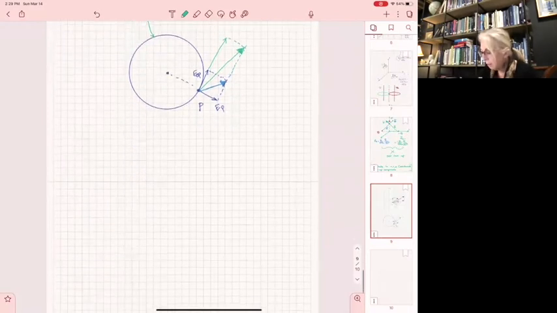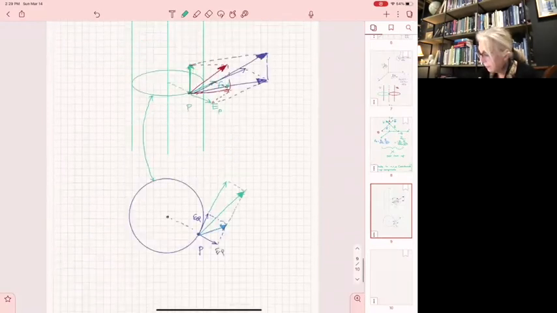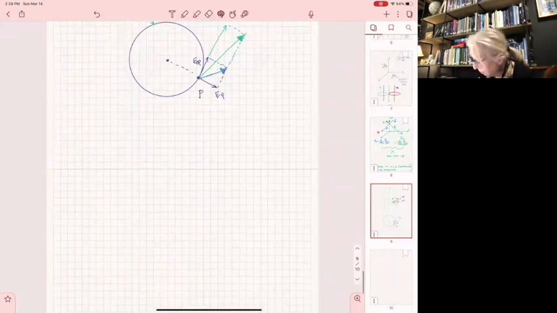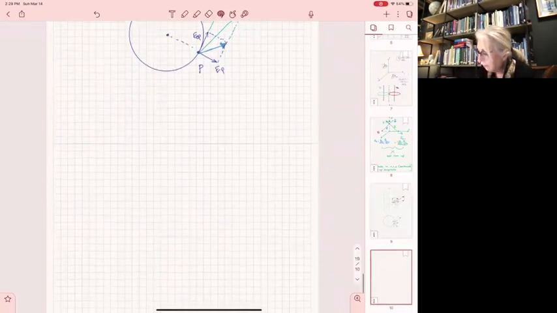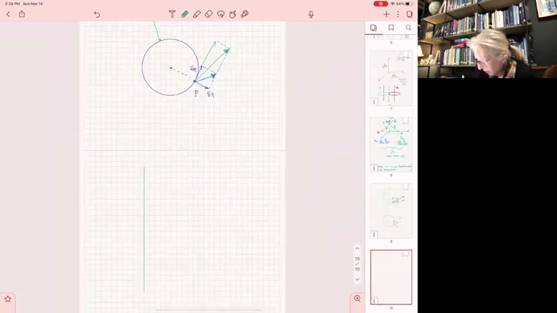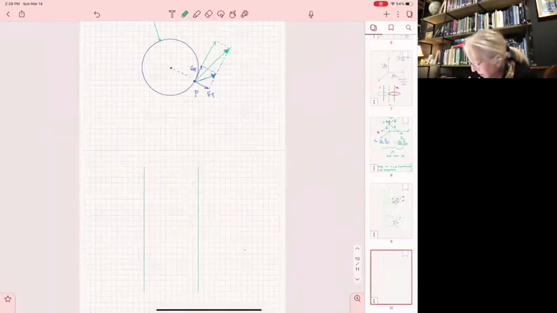So now I'm going back to its original shape, and I will erase and do it here. So I'm going back to the cylindrical now.